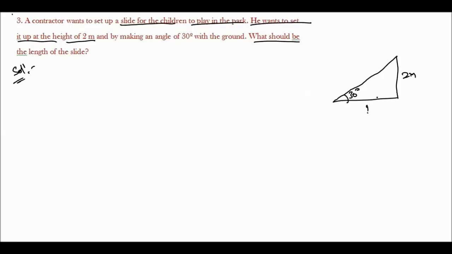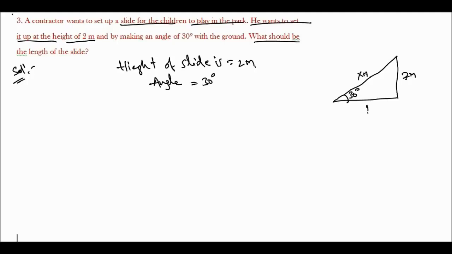Okay. So here we think the length is x meters, this is 2 meters, and this is 30 degrees. Here the height of this slide is how much? Height of slide is 2 meters. Okay, and the angle to the ground is 30 degrees.